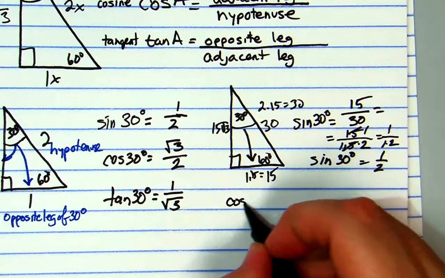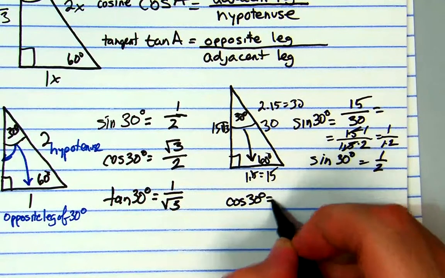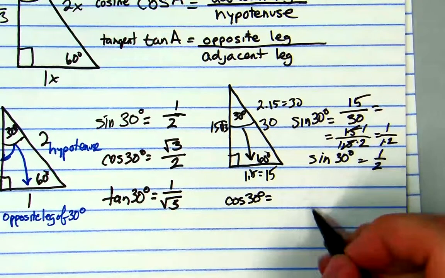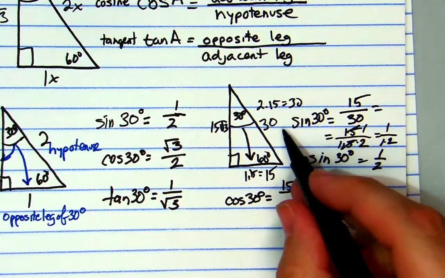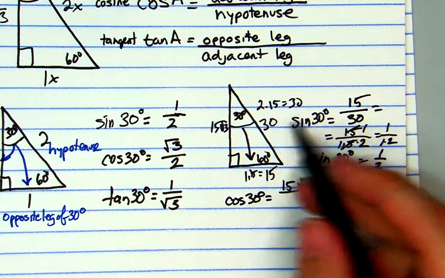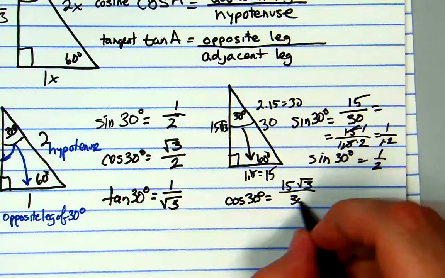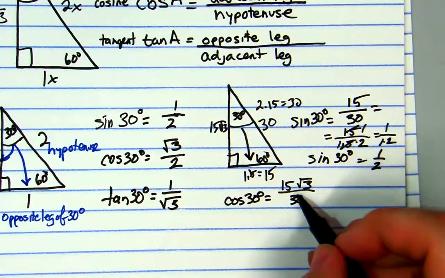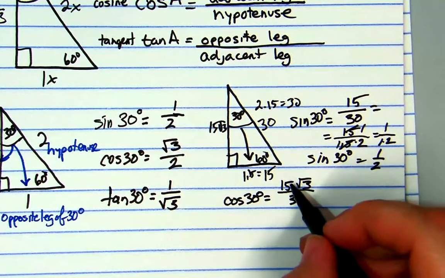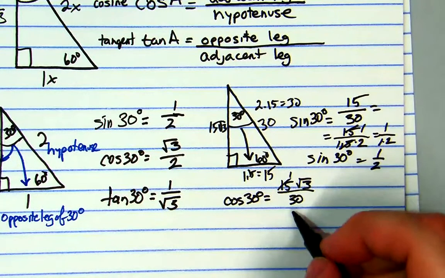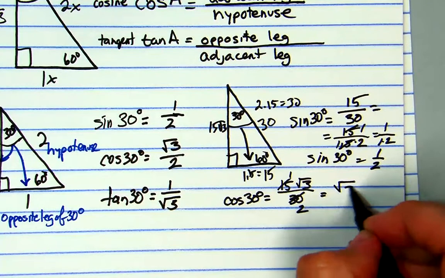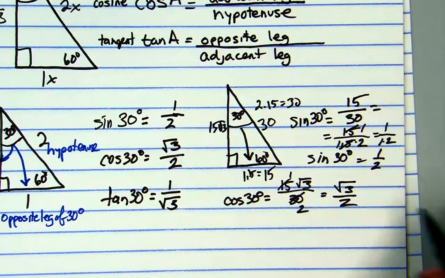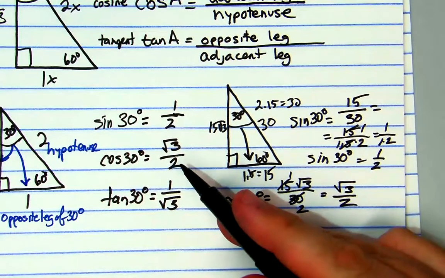Well, same thing over here. Let's see if the cosine works. Cosine 30 degrees is going to be the adjacent side, 15 radical 3, over the hypotenuse, which is 30. 15 divides into 30 2 times, so I get square root of 3 over 2. That's exactly what the cosine was in the original.